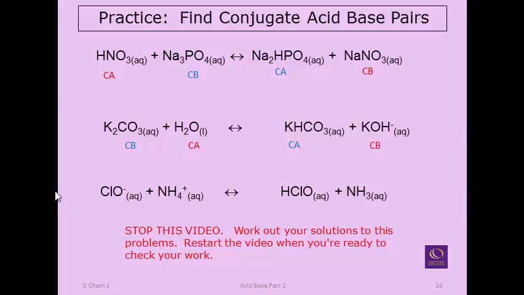So now we come down here to the last one, the hypochlorite ion. And if you look between where it started and where it ended up as a product, it accepted a proton, so it's the base. The ammonium cation gave up a proton, so it must be the acid. And over here, the ammonia would be the conjugate base to that acid. All right, good.